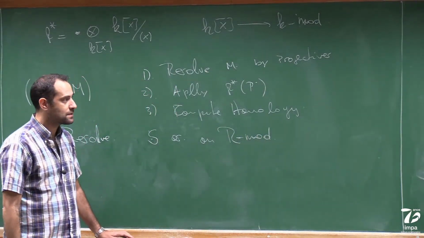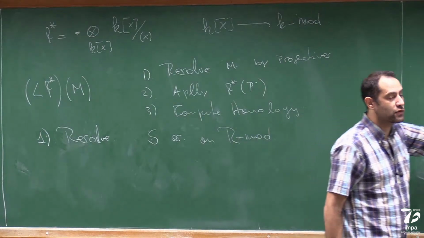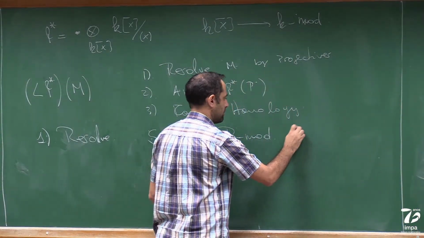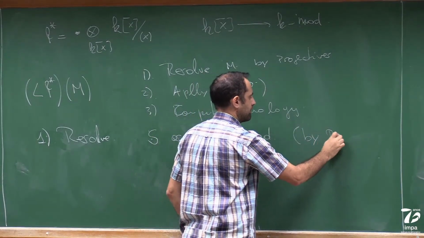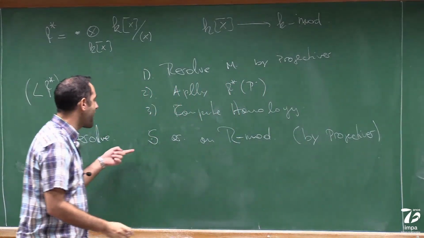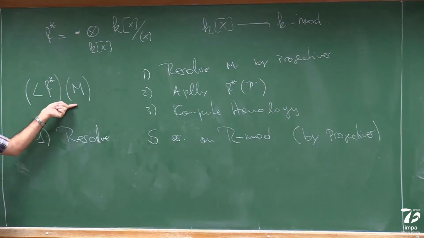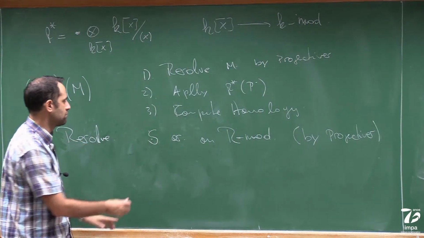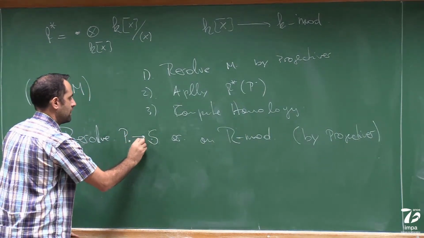So you take S, which is an R-module, and you take a resolution in the category of R-modules by projectives. And this resolution works for every M. You don't need to start looking for a resolution for each M. Once you resolve this by projectives as an R-module, just suppose that you have this P to S.